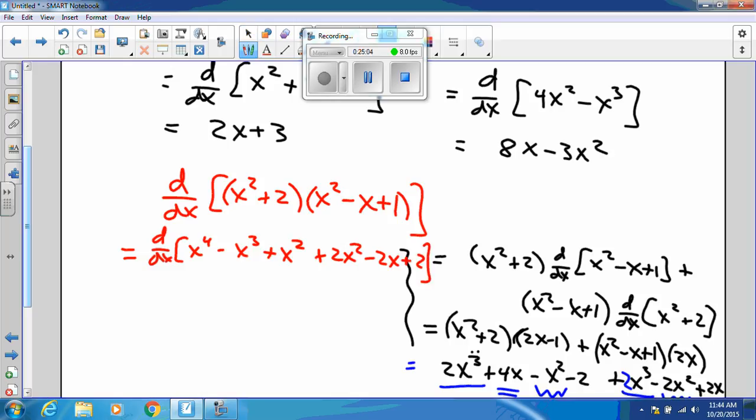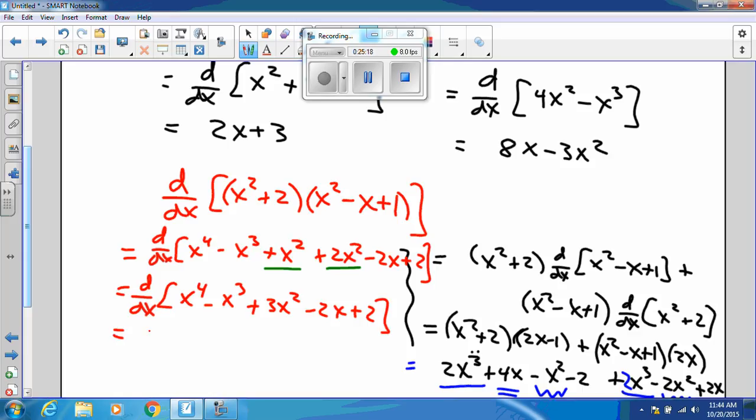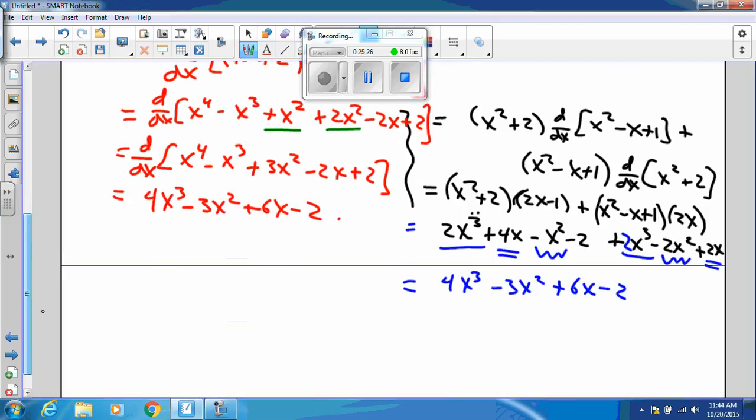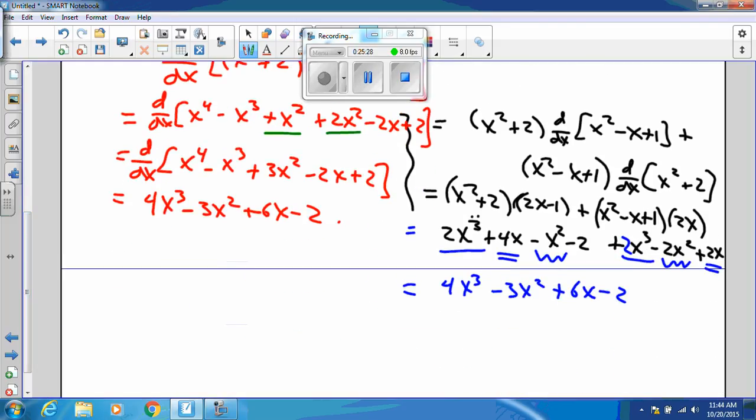And we have a little bit of combining of terms to do right here. That's going to give me the derivative. We notice that the derivative is relatively easy to do. We can actually go term at a time: 4x cubed minus 3x squared plus 6x minus 2. We have a win.